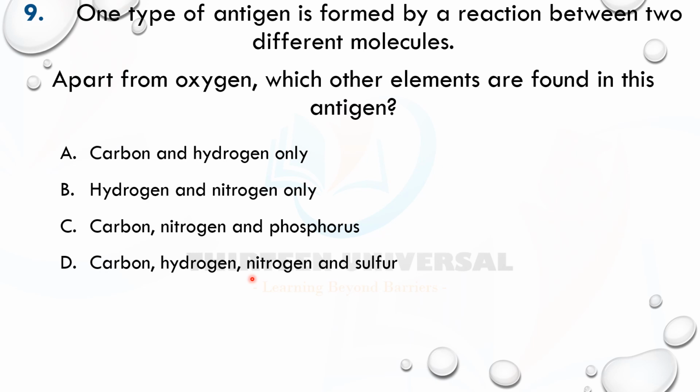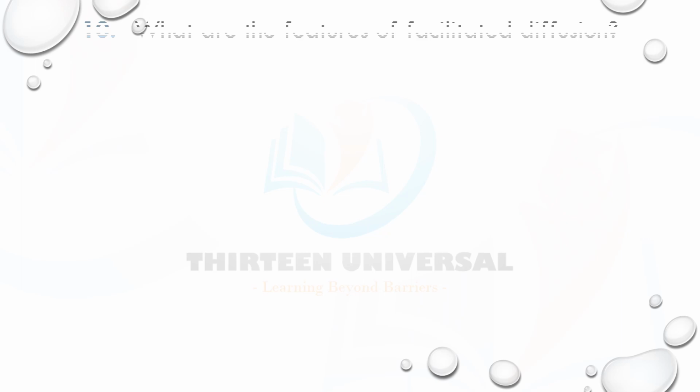So the most stable answer here, apart from oxygen, we should have carbon and hydrogen, plus C, because these 3, carbon, hydrogen, and oxygen, are all found in both lipid and carbohydrate, and lipid and carbohydrate can form an antigen, glycolipid. So this is why we chose it for number 9. The answer should be A only.